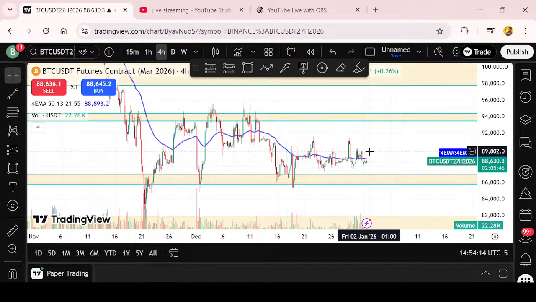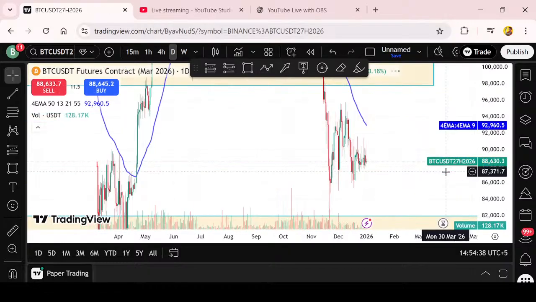We cannot trade right now in this situation because we don't know whether it's uptrend or downtrend. We know that on the bigger time frame it is downtrend right now, but monthly is uptrend, on weekly it is downtrend, and now on daily we have analyzed.